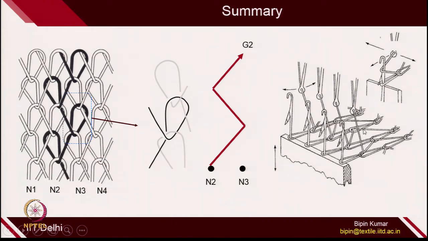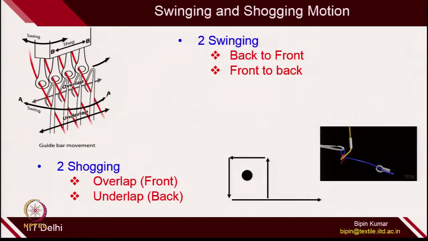It does not only change the location from one needle to another needle. For doing these motions, it performs certain motions in a sequence, which are swinging and shogging. I described swinging and shogging motions for each guide which is responsible for loop formation.